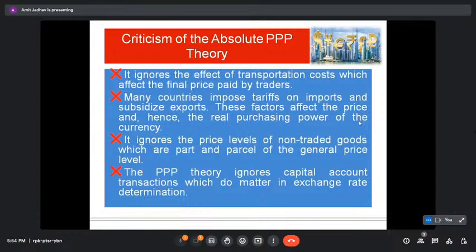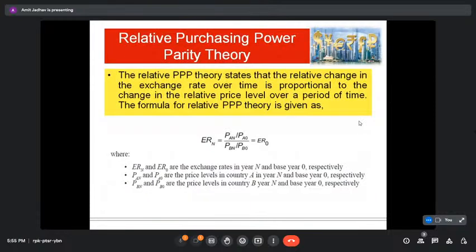Such transactions are ignored, because through them the country can get foreign currency, and similarly it has to pay foreign currency to outsiders. But the purchasing power parity theory fully ignores this in exchange rate determination. So that is one part where we can criticize the purchasing power parity theory.